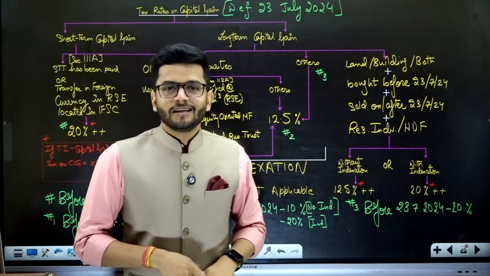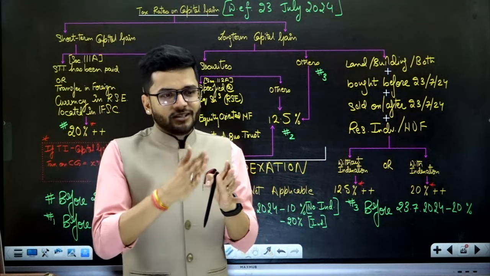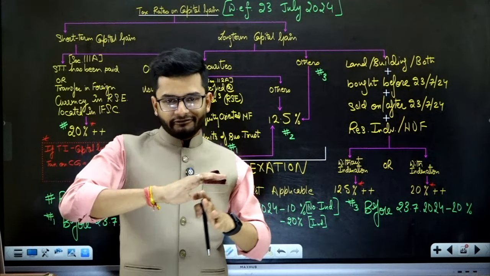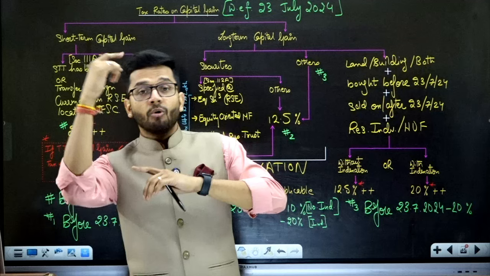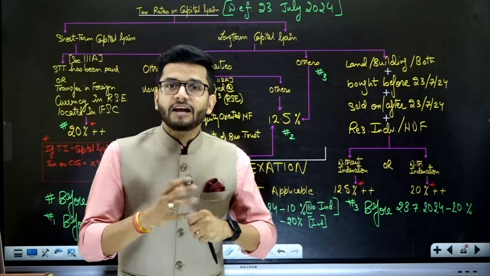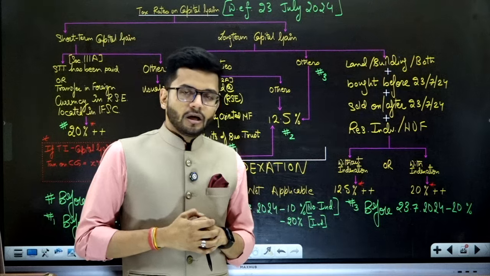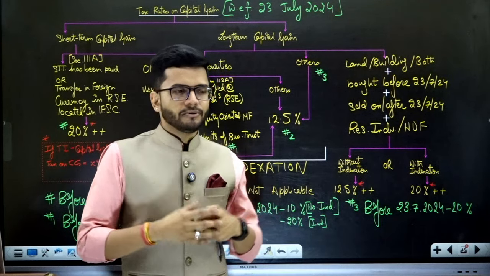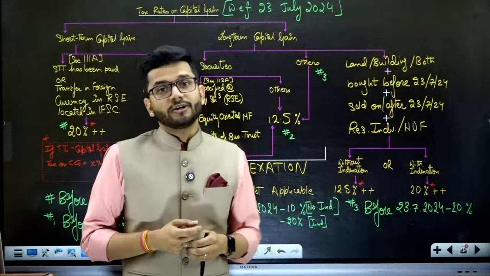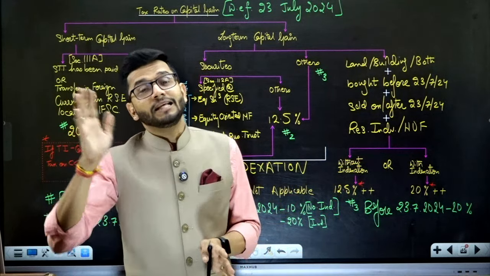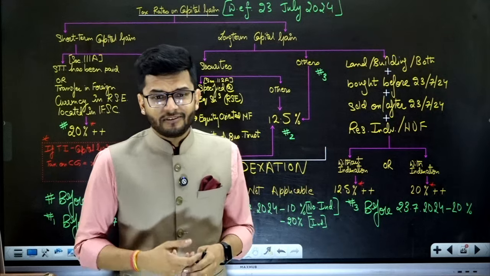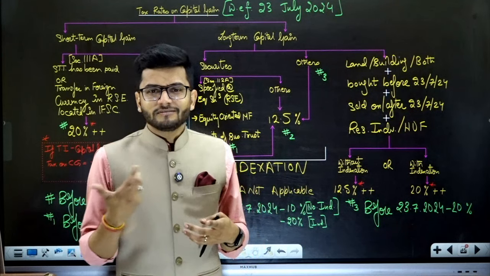So yes, again, same thing: if the capital gain has arisen before 23rd July 2024, then old tax rates will be applicable. And if capital gain has accrued to that particular individual or company after 23rd July 2024, then new tax rates will be applicable. So this is actually a very big pain point.